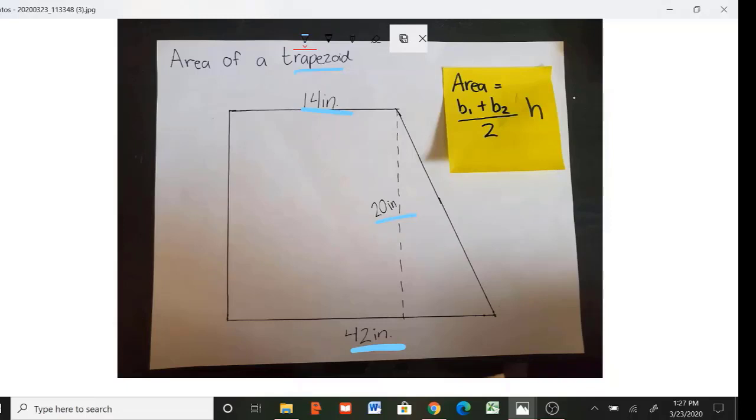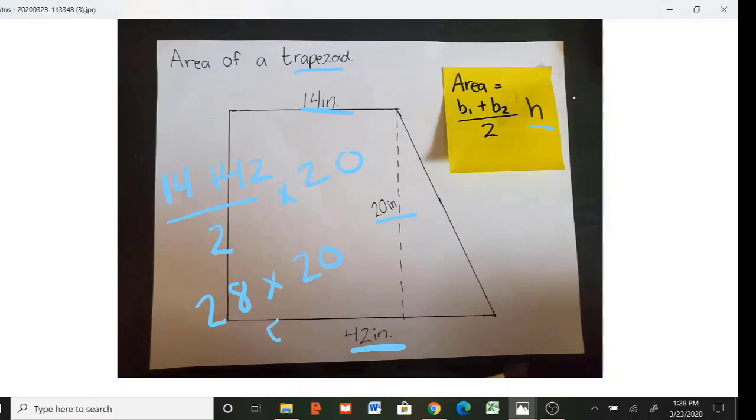So we have base 1, 14, and we're going to add base 2, 42, and then we're going to divide by 2, and we're going to multiply by the height. So our height was 20. So if we do the math, 14 plus 42, and then it was 56 divided by 2, we would get 28, and then we're going to multiply that by 20, okay?